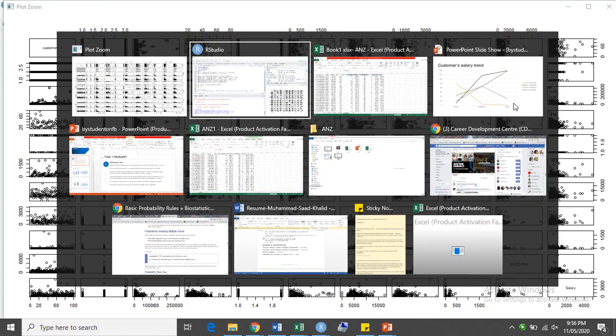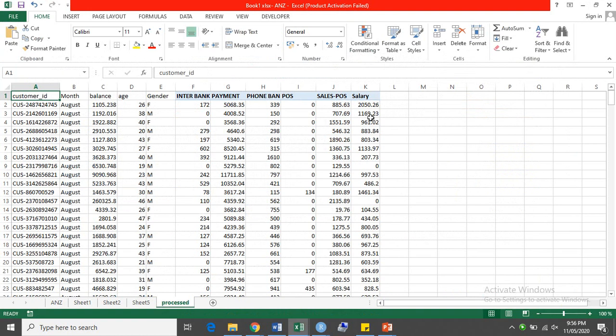So coming back to what I was explaining earlier, I took the average balance, and I used the average formula for that.